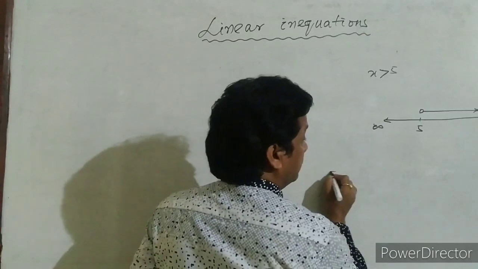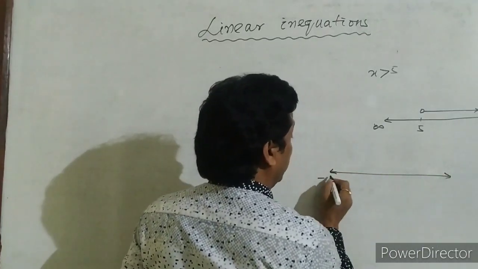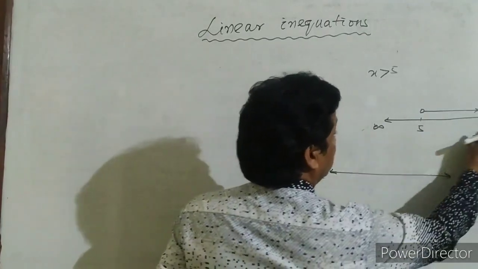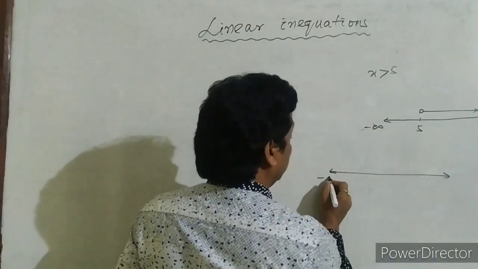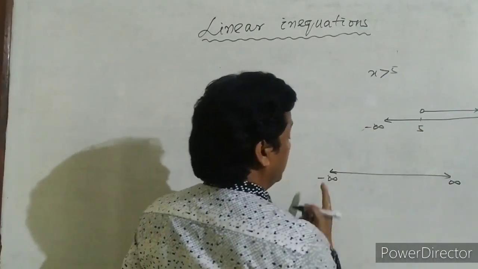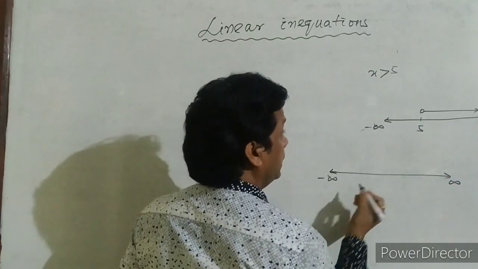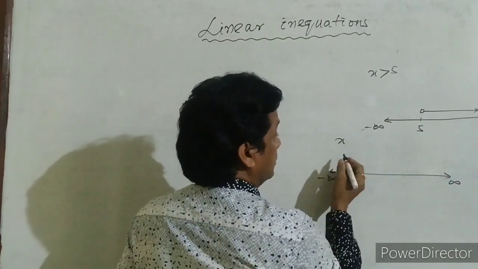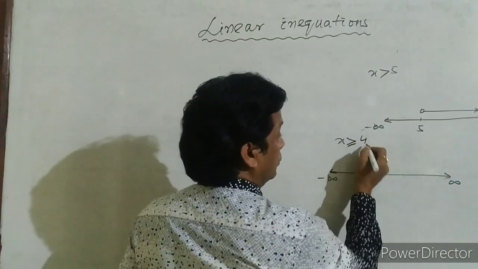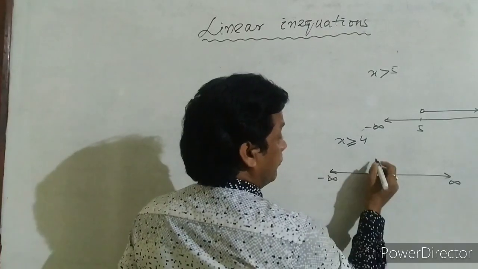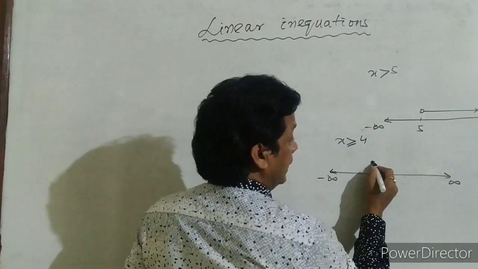And if this is the number line, with minus infinity on the left and plus infinity on the right, and if x is greater than or equal to 4, and this point is 4, I can write like this.